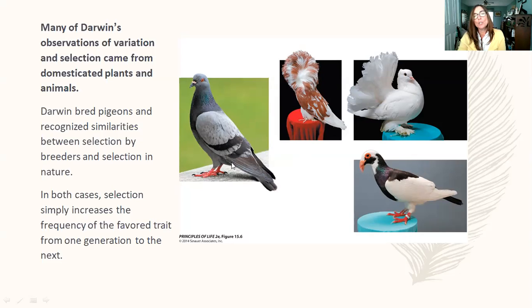And the more that you selected for that trait, you chose to only selectively breed the organisms that had that trait, then you could come up with a number of different varieties of pigeons that all descended from that single common ancestor.